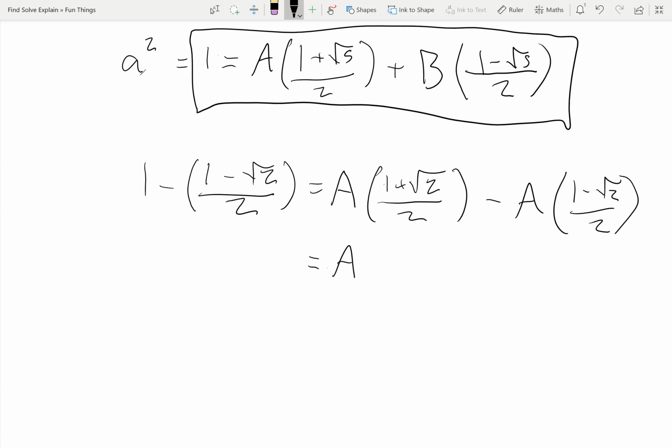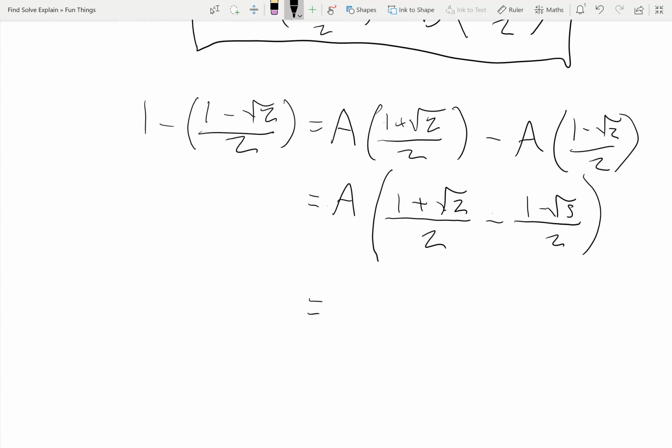We can take the A out of these two and just get 1 plus root 5 over 2 minus 1 minus root 5 over 2, which is equal to 1 minus 1 plus 2 root 5, which is obviously just root 5.